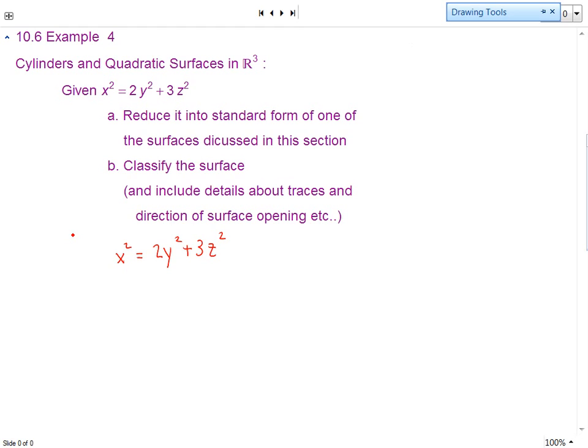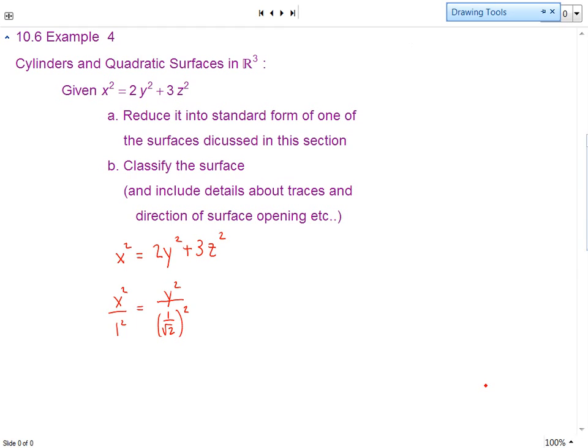Ah, a cone has everything squared. Two of them are positive. One of them is on the other side, except that we don't have divided by a squared plus b. Well, maybe we do. Isn't x squared being divided by 1 squared? Isn't y squared really being divided by 1 over root 2 squared? What's 1 over square root of 2 squared? 1/2, right?